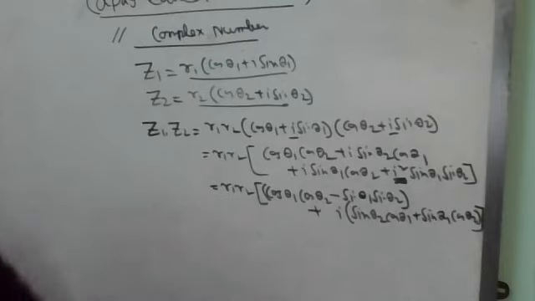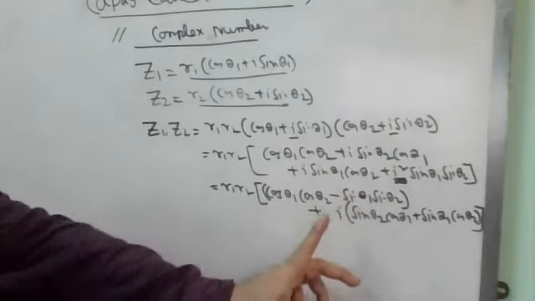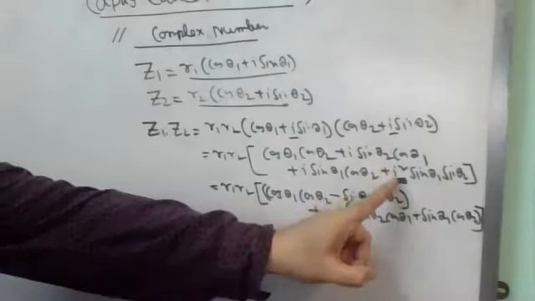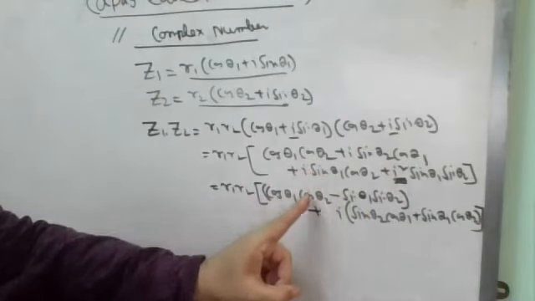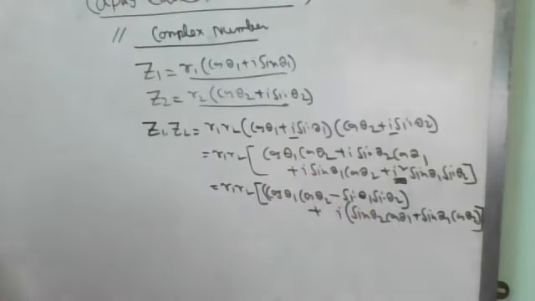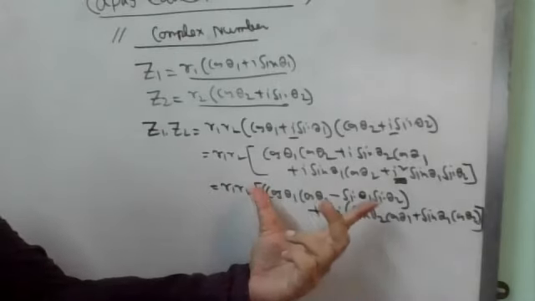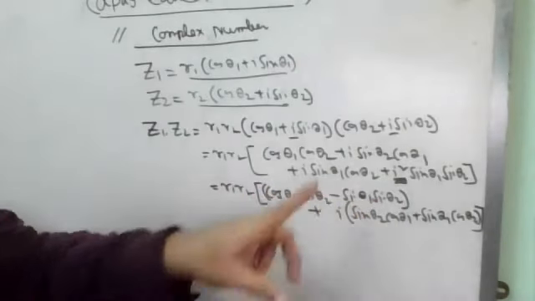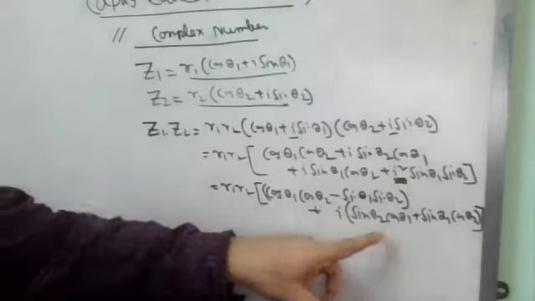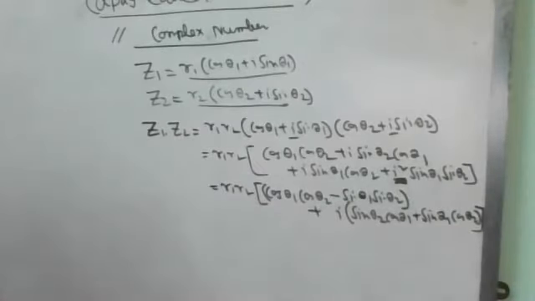So after multiplication, in place of i² I have put -1. So cos θ1 cos θ2 minus sin θ1 sin θ2 is the real part I have got, and from the rest I can take i common, that is the imaginary part.